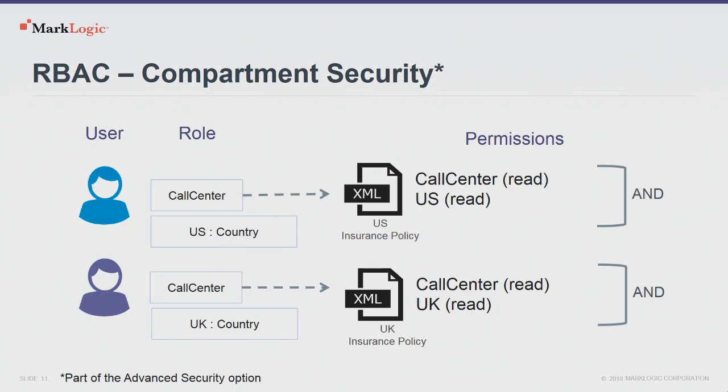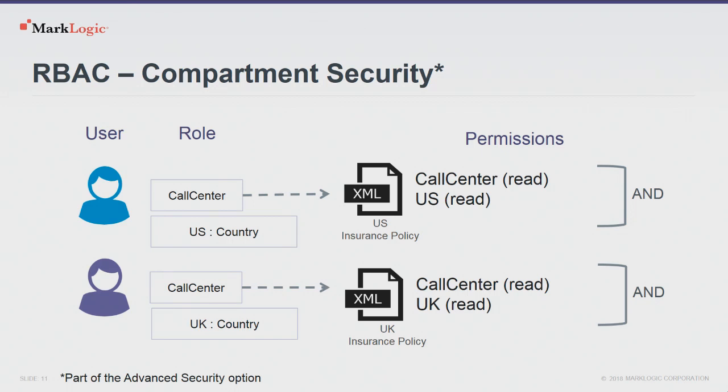So now I create the roles US and UK, and they are part of a compartment. When I apply the permissions to the insurance policies, I'm saying call center can read and US can read. But because US and UK are part of the compartment, now I'm applying an AND. So I need to have both call center and US in order to see the US insurance policy.